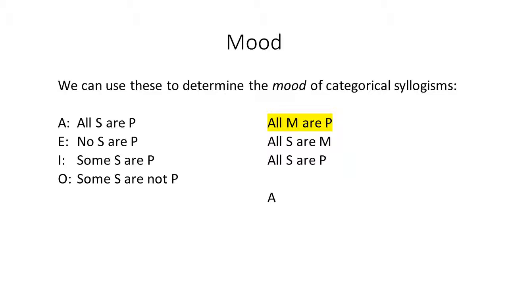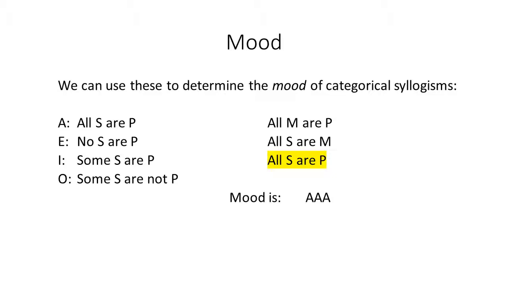Our first premise, the major premise, because it contains the predicate of the conclusion, that is the major term, is of the form A. All M are P, that's of the form all S are P. Our second one, all S are M, our minor premise, because it contains the minor term, which is the subject of the conclusion, is also of type A. And then finally our conclusion, all S are P, again of type A. So we've listed these three letters, A, in order.